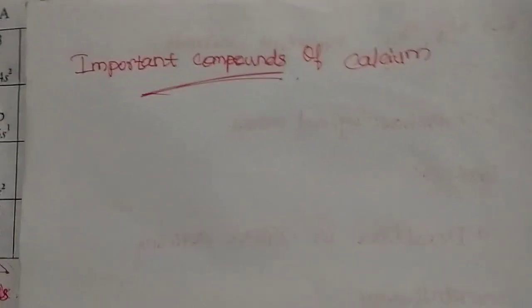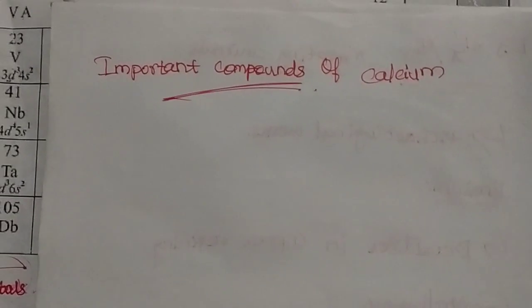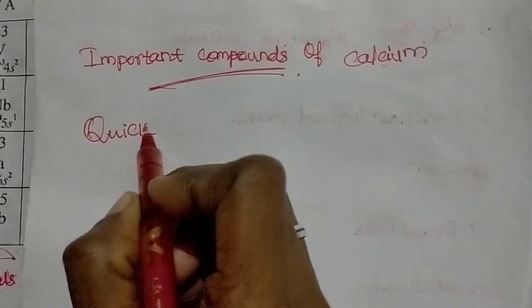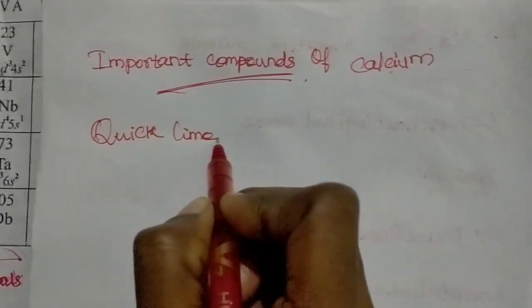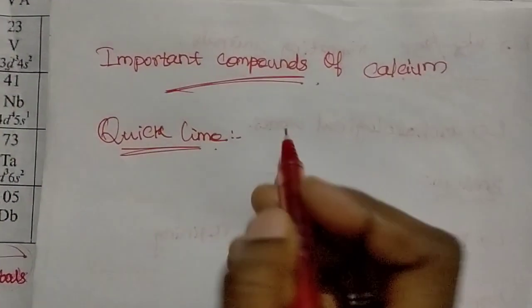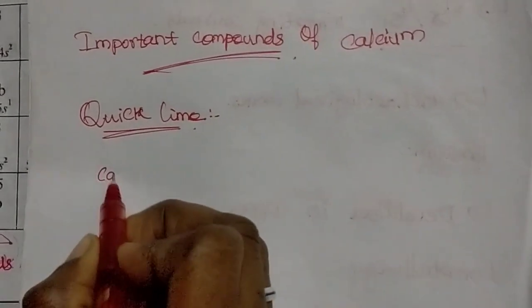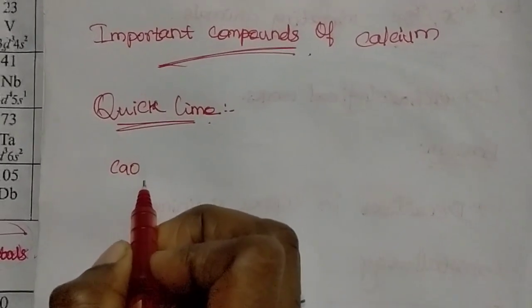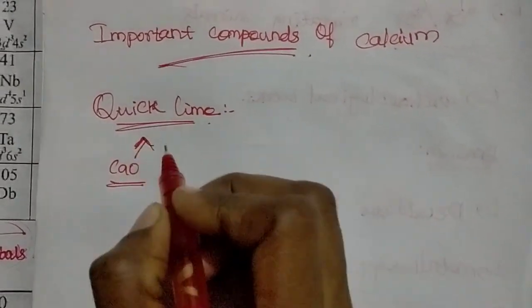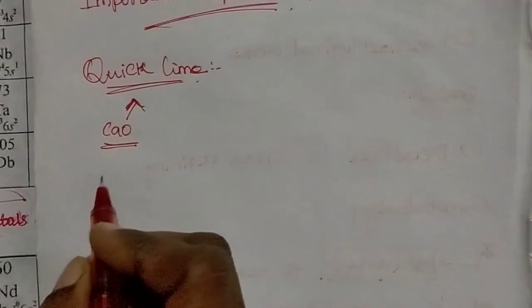First important compound of calcium is quicklime. The chemical formula of quicklime is calcium oxide, CaO. Let's see the preparation of this quicklime.